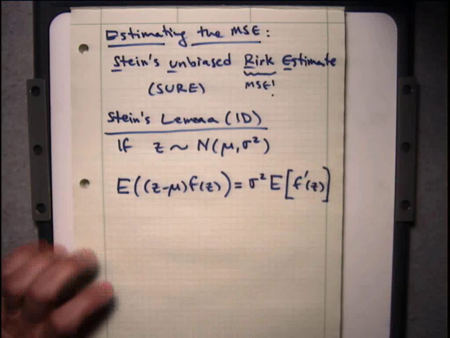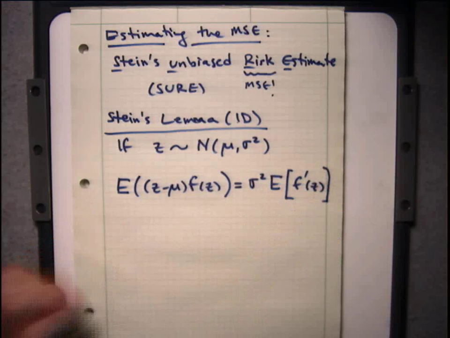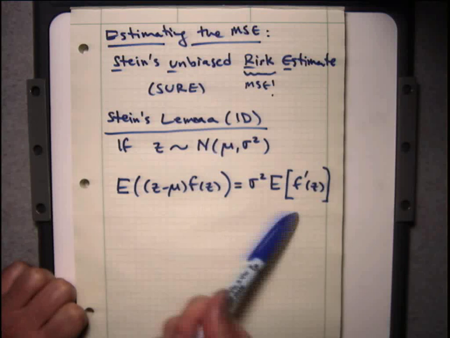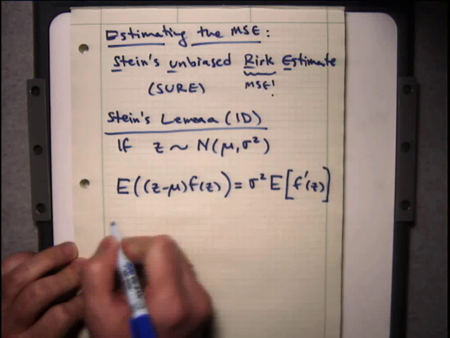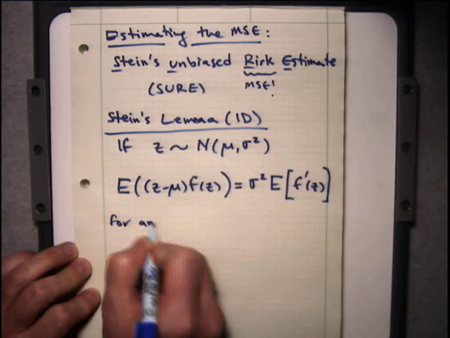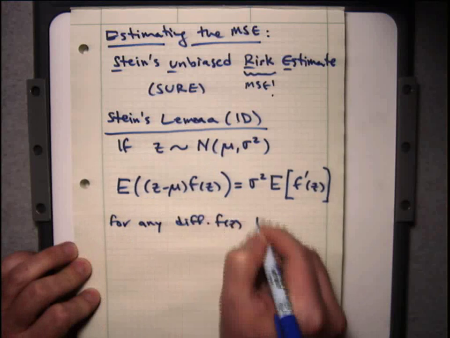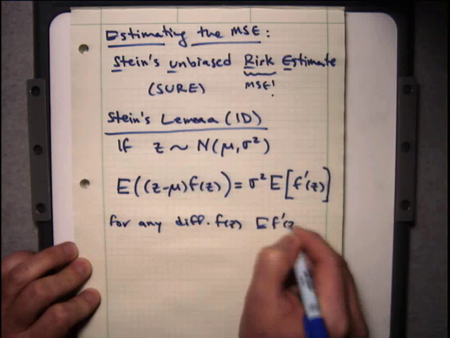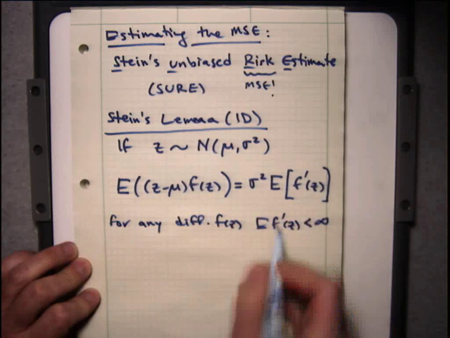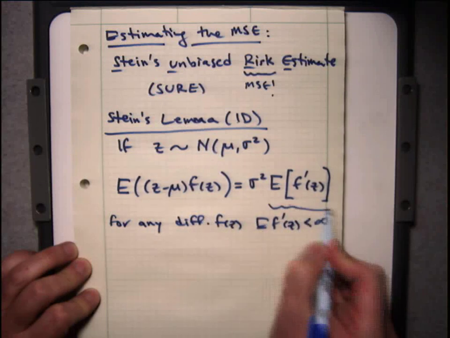It's a completely unexpected and unintuitive result. This is true for any differentiable f of z that satisfies the expected value of f prime of z being less than infinity. In other words, this right-hand side can't blow up.